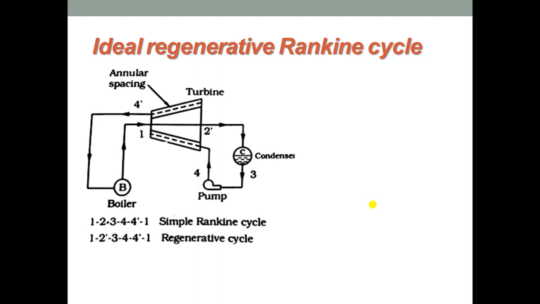In a simple Rankine cycle, the condensed working fluid is pumped to the boiler at temperatures much lower than the boiler temperature.